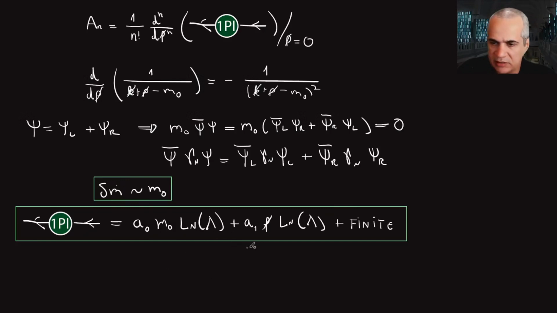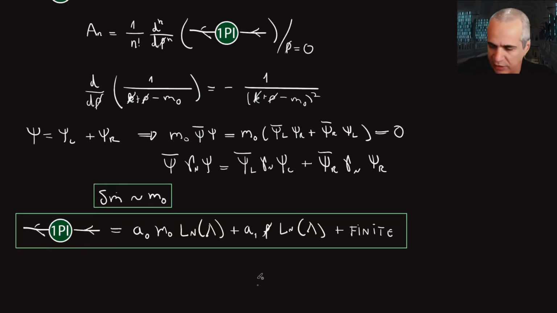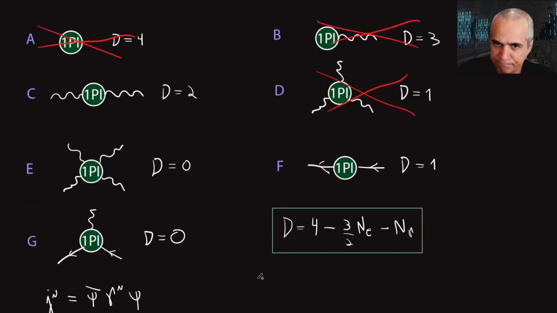So our analysis is telling us that this electron self-energy will contribute to independent divergent coefficients here that will lead to different renormalization conditions. Now, the next guy we want to look at, let me go up, is this guy right here.